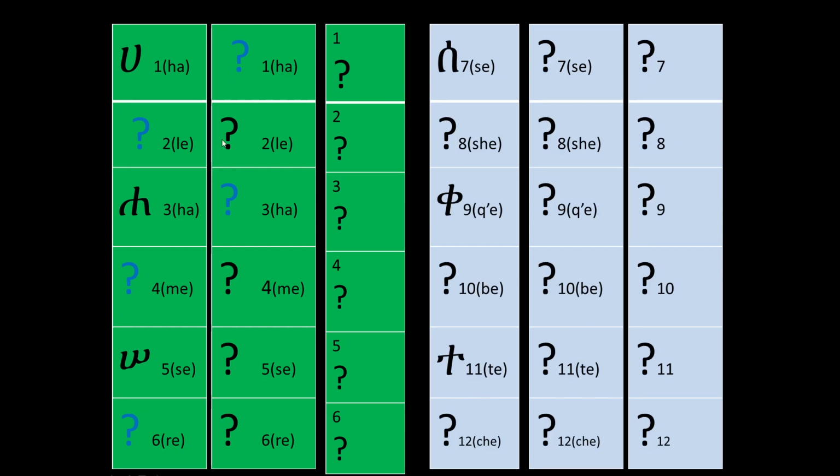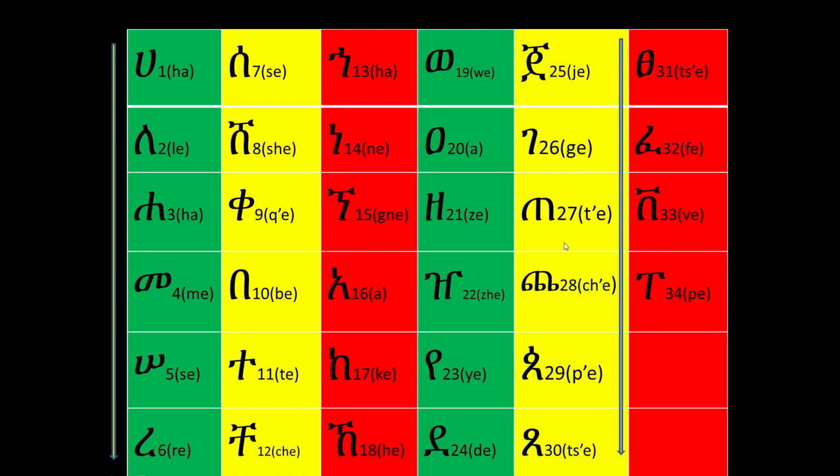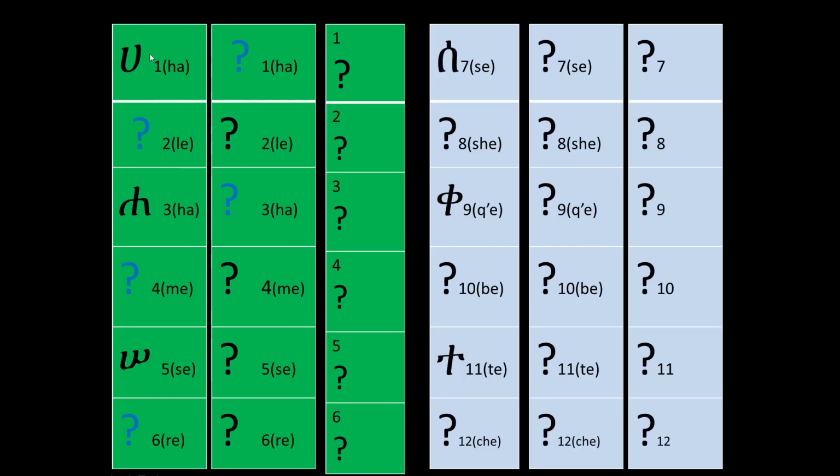This is just for practice. Say for example, ha. What is next? Ha. What is next? Se. What is next? Once you know this, then you can jump to the next one.